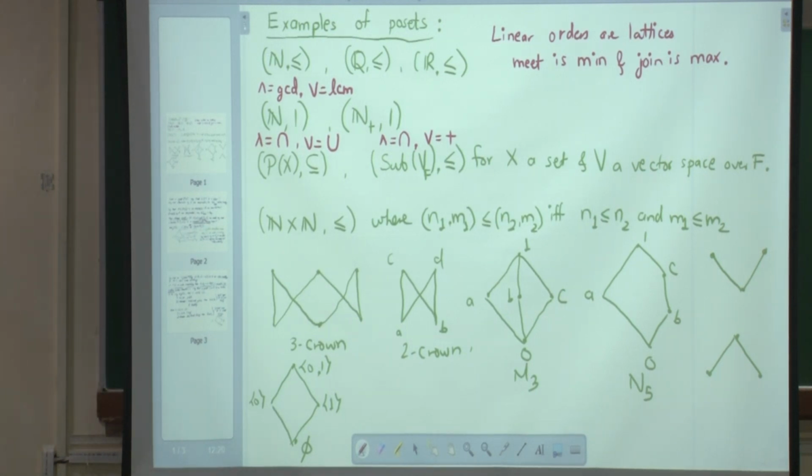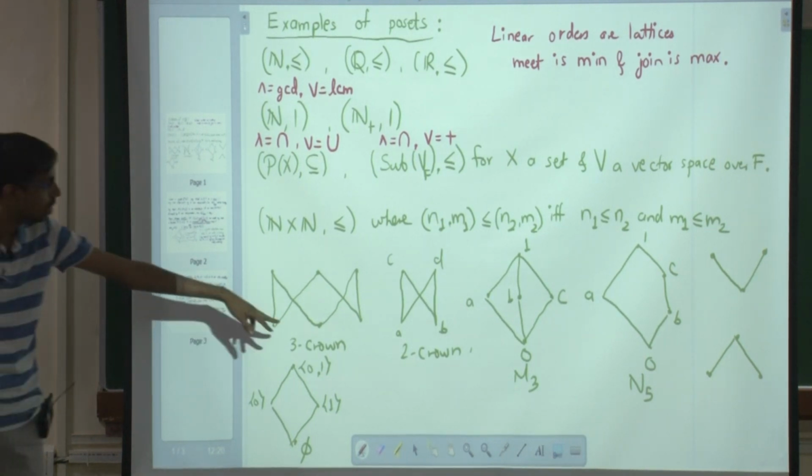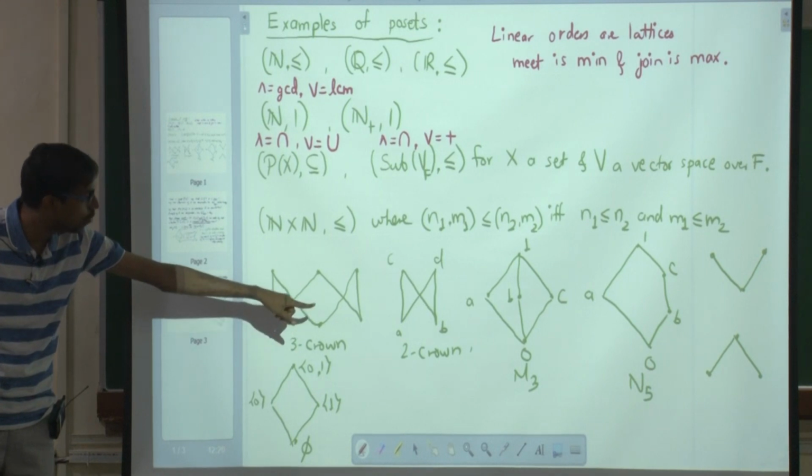Well, in case of n cross n, meet and join will be taken as pairwise min and pairwise max. Those are meets and joins, right? I'm not writing that. What happens to the crown? What is join of A and B?